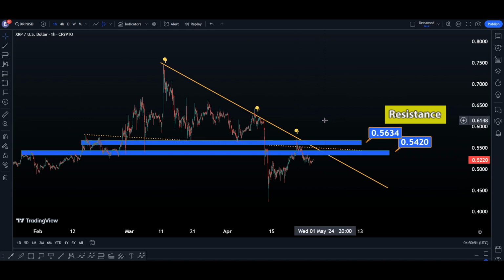Those resistances are our most important resistance for XRPUSD in the 60-minute chart, and if the market can't break this resistance, maybe bearish until the bullish trend line.